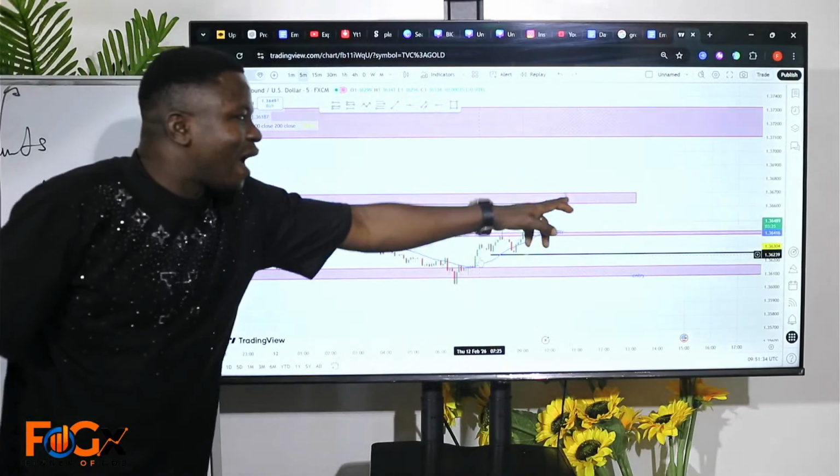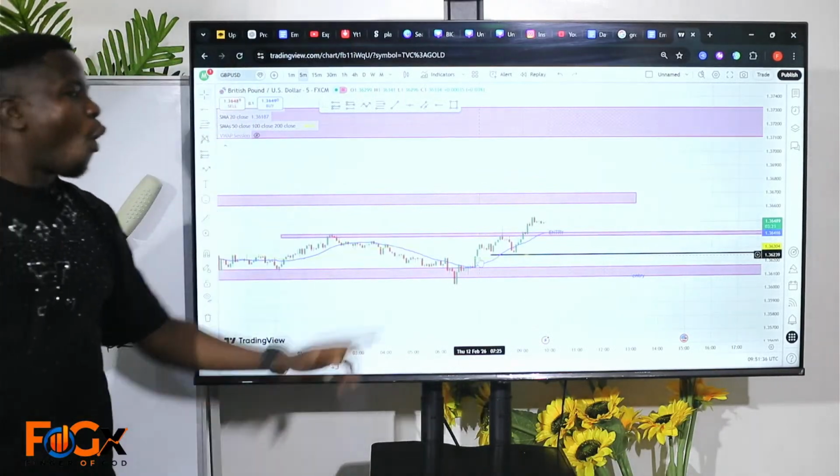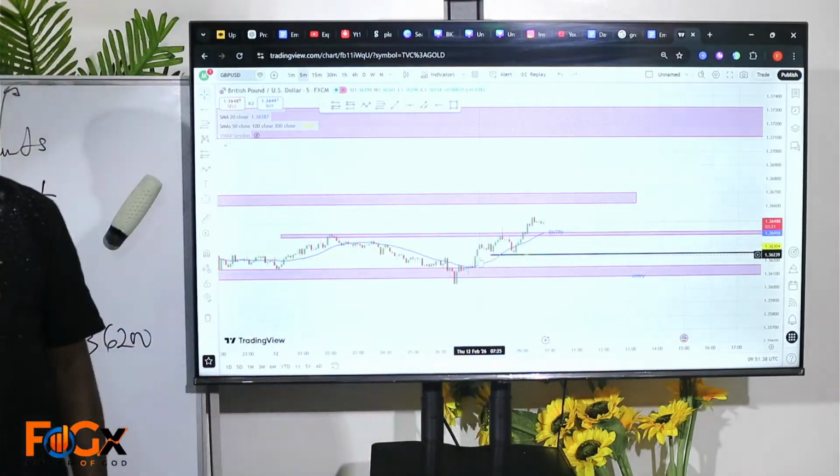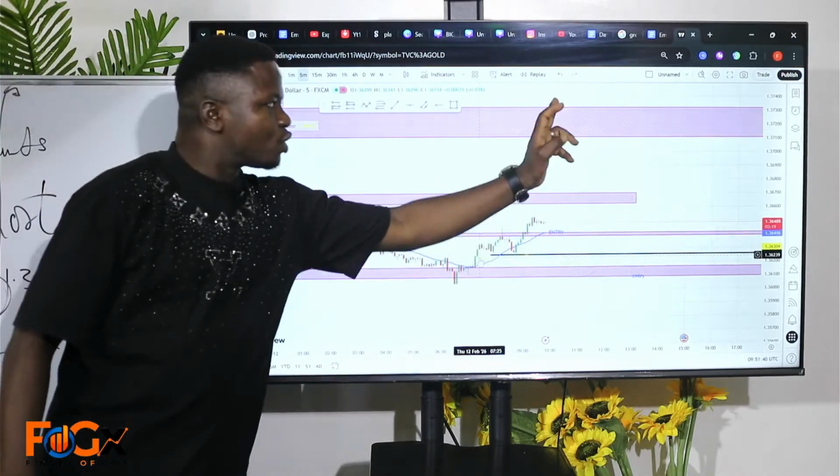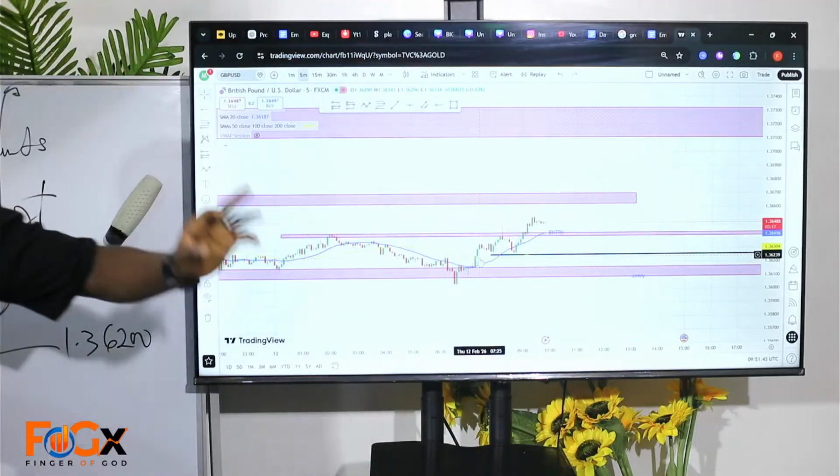Either price truly comes there, picks our trade and starts going, or price stops us out, or it didn't pick at all. Price left us. Then we will look for a breakout of this area, or we sell from here. So these are our key zones for today on GBP USD.